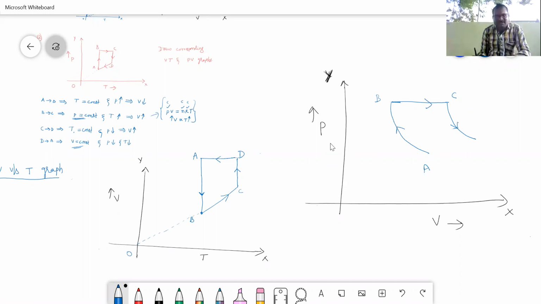Yes, perfect. Now D to A, you see. D to A. Volume constant. Volume constant means it should be a vertical line like this. Now these two should join. Means just extend this one like this.